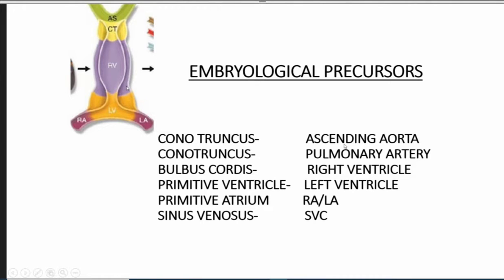Now this unidirectional flow has to be compartmentalized into right and left heart and into aortic and pulmonary circulation. So a simple linear transit of blood has to be converted into a complex structure called the heart, which we will see how it is possible.